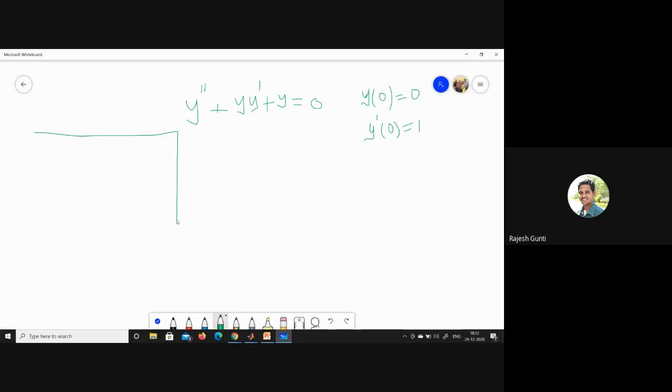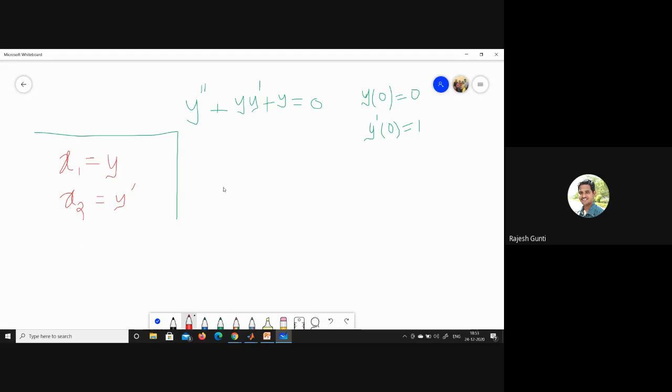If you want to convert a second order differential equation to a system of differential equations, we take a substitution like this: x1 is equal to y, x2 is equal to y dash.